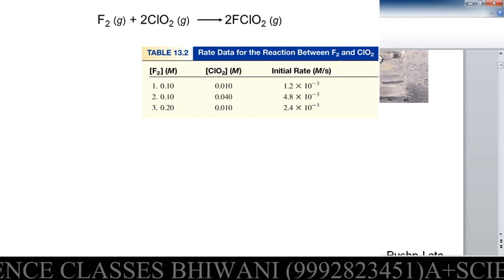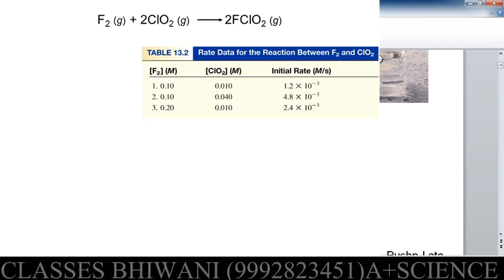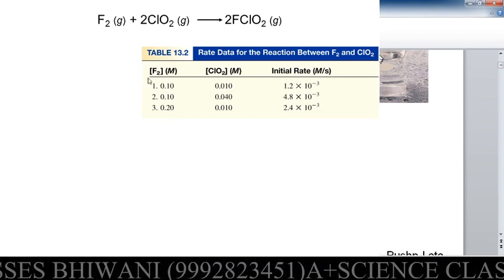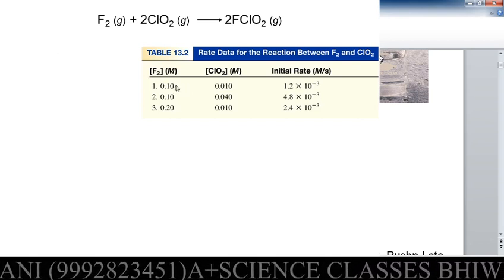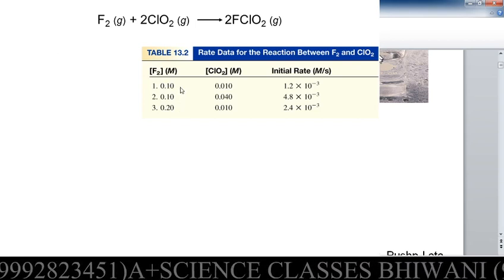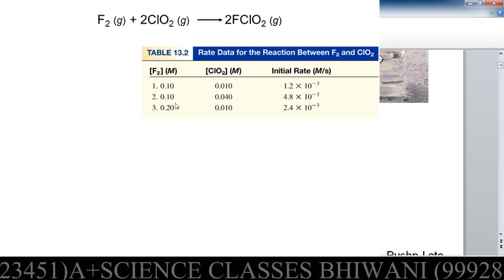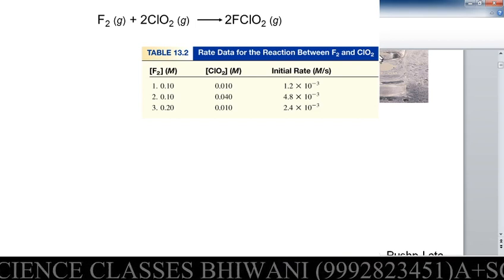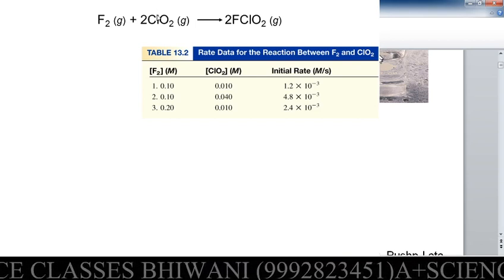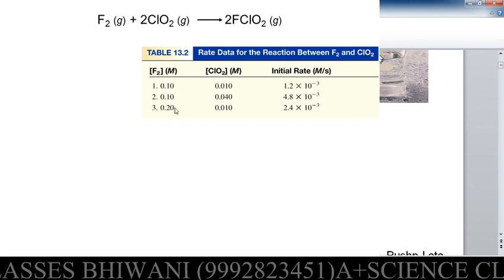Clear? Always take so much care and precaution to write double or twice. Actually, double is different and twice is different. Is it clear? So here the concentration is twice.